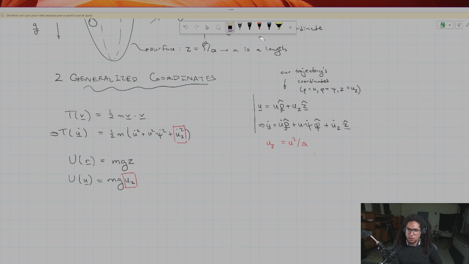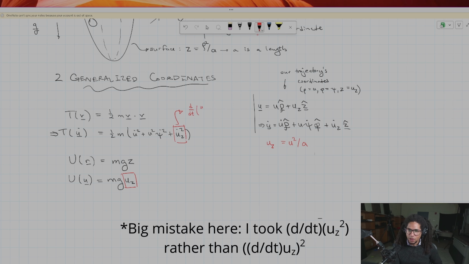So I need to work this out. This thing is d dt of u squared over a. Remember, u squared is a function from time into this position. So what do I get here? And sorry, not u squared over a, u to the fourth over a squared.